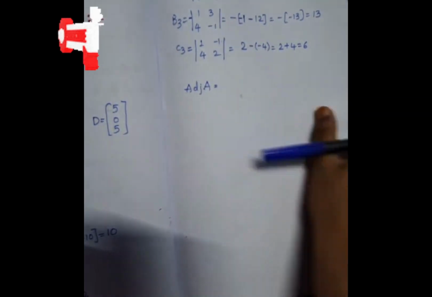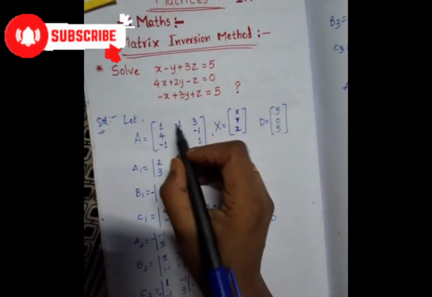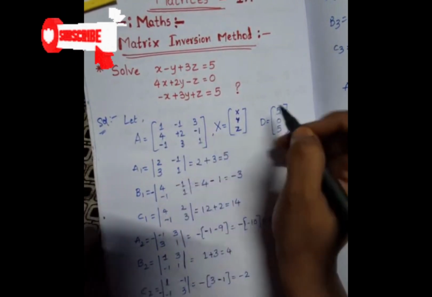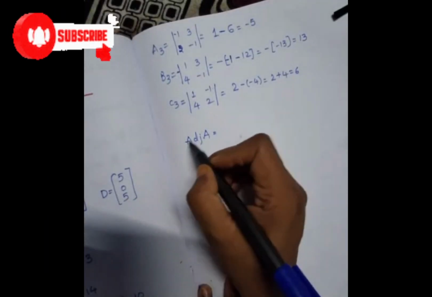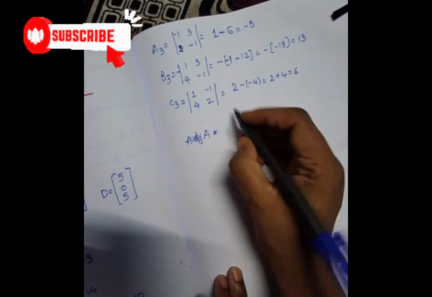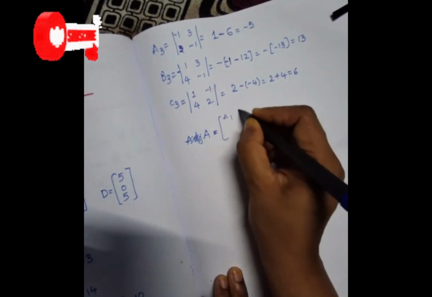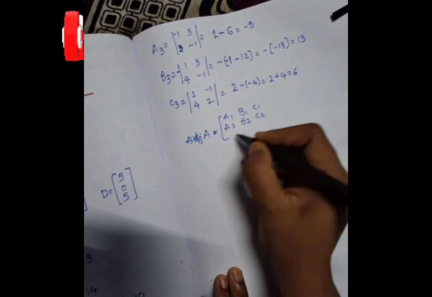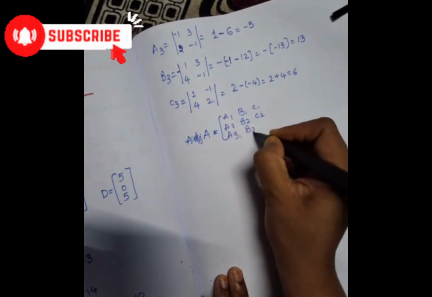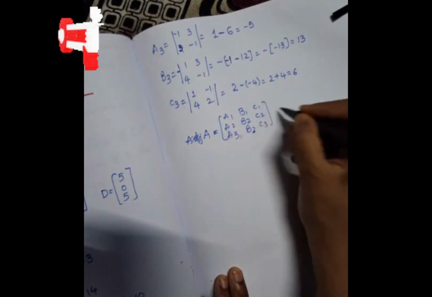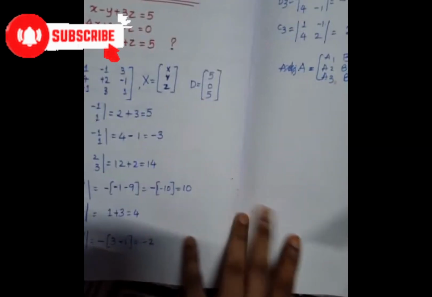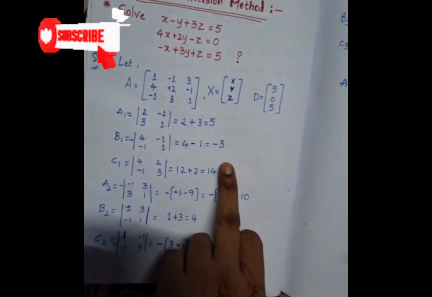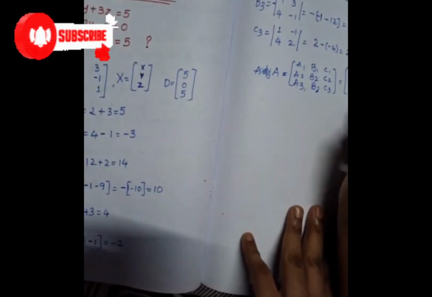So A is what? A is matrix A1 B1 C1, A2 B2 C2. Sorry, first I will write A. To be clear what is matrix A, I am writing here: A1 B1 C1 means the values we obtained here, 5, minus 3, 14.